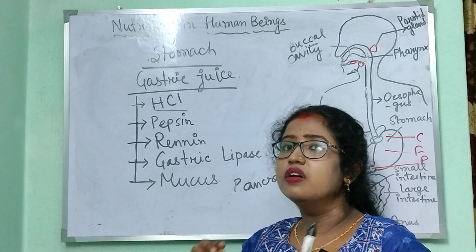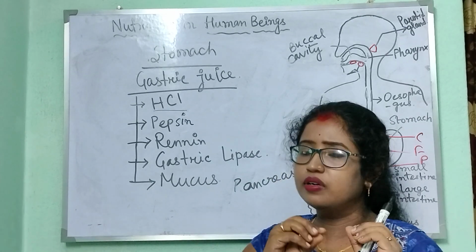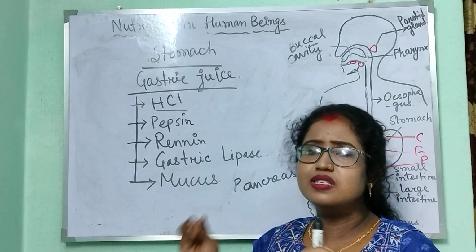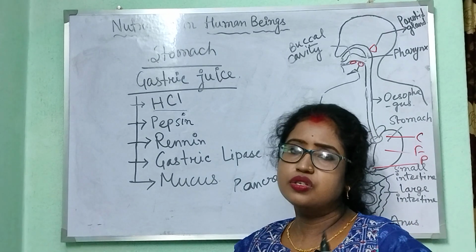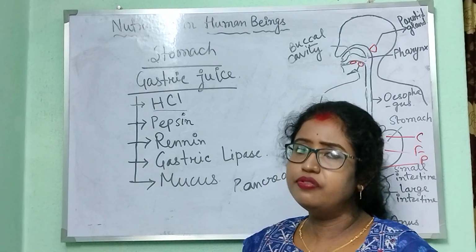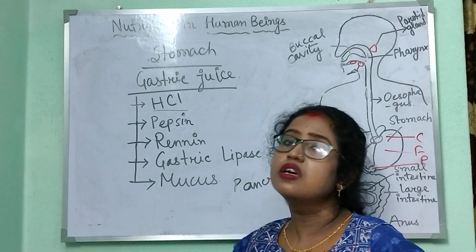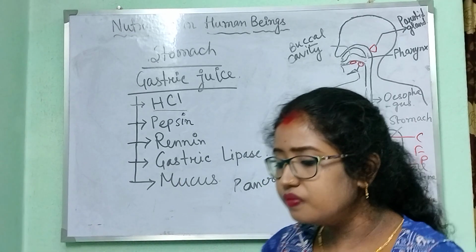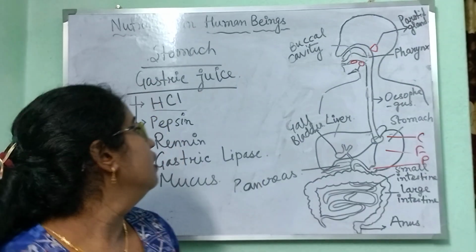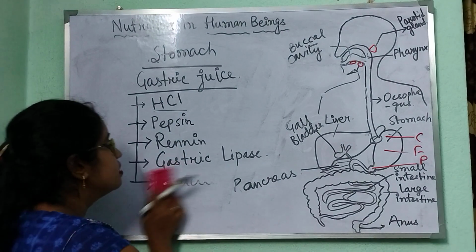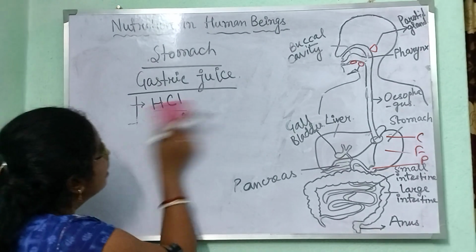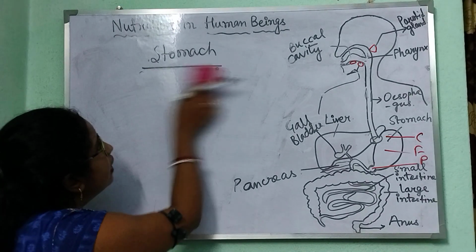It won't break fat down fully into smaller ones. It just starts the process of breakdown of the fat content in our food, and lastly it has mucus in it. So first let us discuss the HCl.